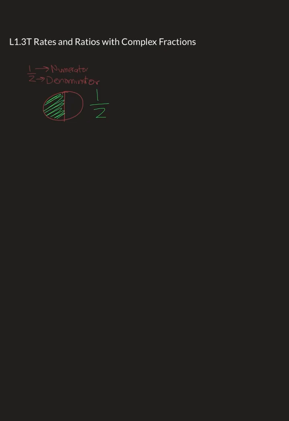Ratios are commonly used when you're comparing the sizes of two or more objects or quantities. Another way to explain a ratio is that it compares two quantities measured in the same unit.